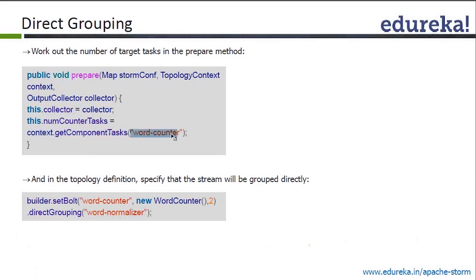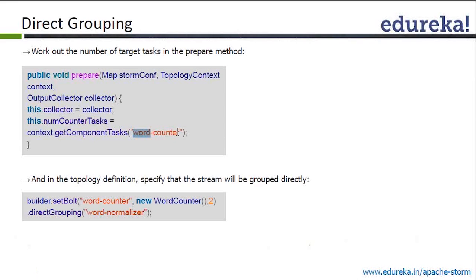You remember the ID which we created, it is so useful. Let's say the word counter is the direct descendant of this bolt. If you want to know how many tasks or instances are created, you get the number from the context object itself. You would just say context.getComponentTasks for a given counter.